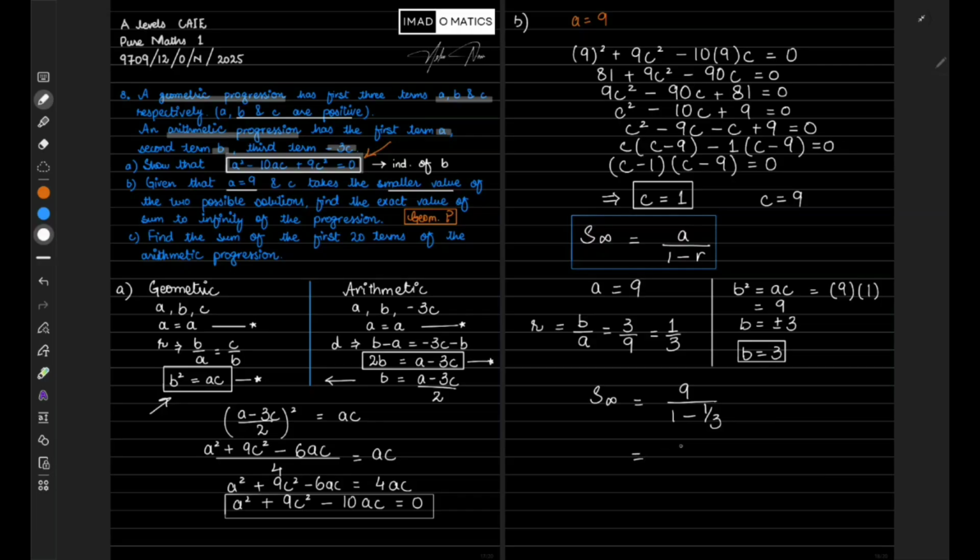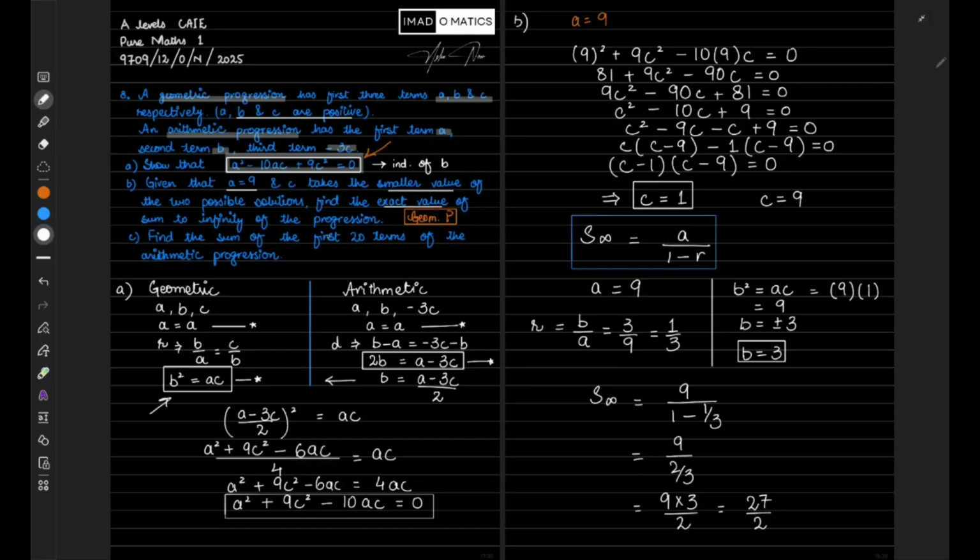So that will give you 9 over 2 over 3. 9 times 3 over 2, 27 over 2. Okay, they said in exact form. Yes, exact value of sum to infinity. So that is your exact value for sum to infinity. So this is all about part B.